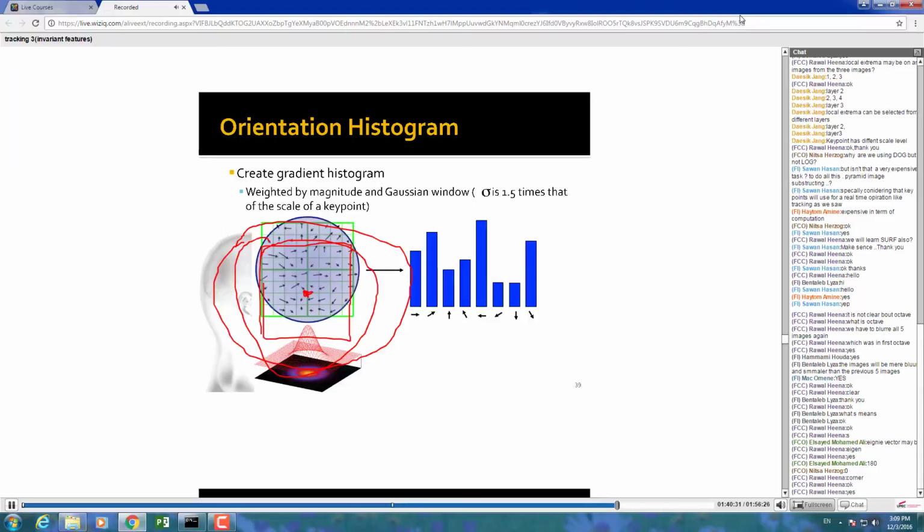Inside this window area, the center position is the key point location. And then we make this kind of neighborhood. Actually, it is not just like 3 by 3 or 5 by 5. This is much bigger than 3 by 3.